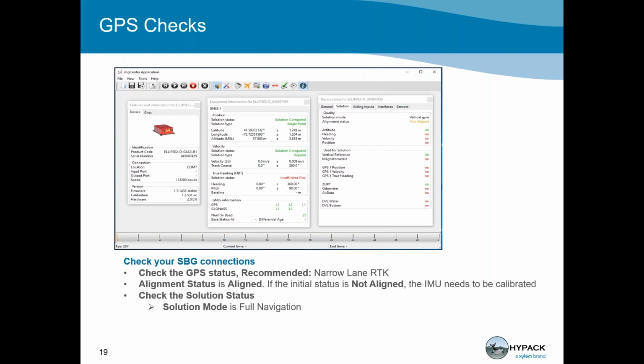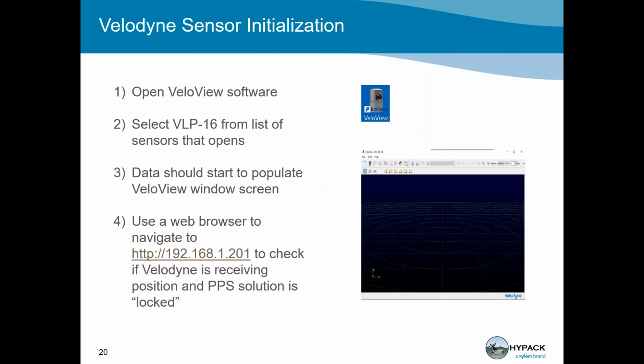So if your alignment is not aligned, like it is here in this image in the top right corner, it just means that the internal sensors and the INS need to calibrate. It's really easy to do this. You just need to move with the unit, move slowly. You can perform some slow figure eights, like if you're performing a GAMS calibration, and the internal sensors should align. You also want to make sure that your solution mode is in full navigation.